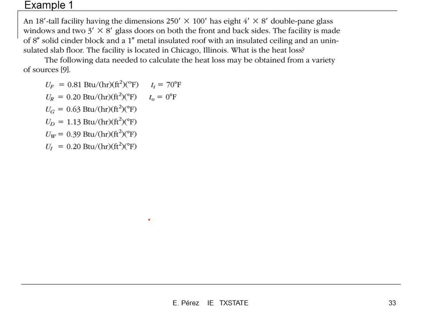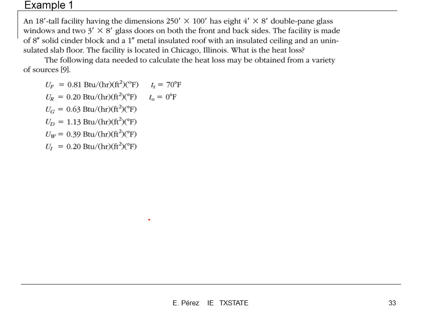The facility is made of 8-inch solid cylinder blocks and 1-inch metal insulated roof with an insulation ceiling and an insulated slab floor. The facility is located in Chicago, Illinois, so we want to compute what is the heat loss.